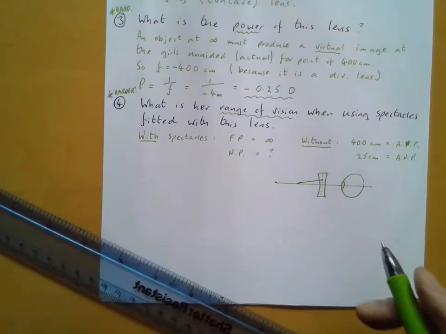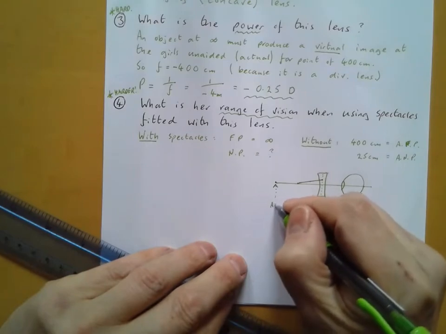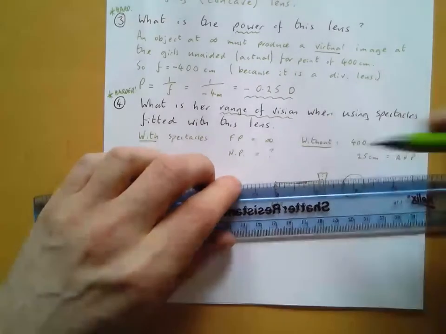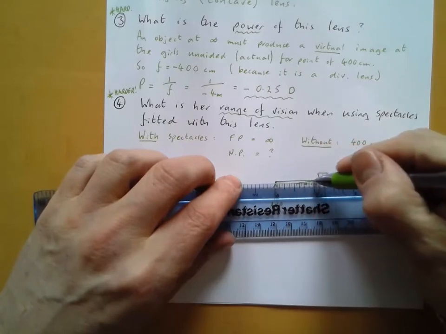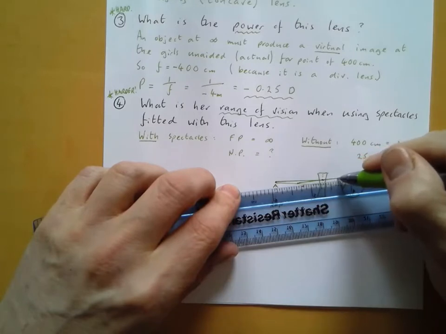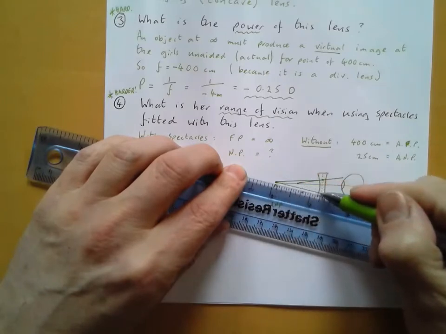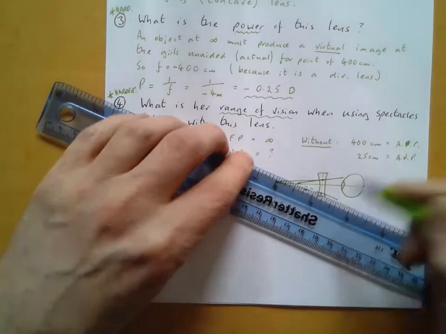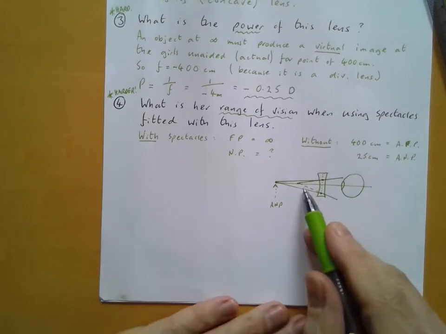Right, let me put it a bit further out. Here's her actual near point at 25 centimeters. Now, she would be able to focus rays from the actual near point. But with the lens in position, what the lens is going to do is it's going to diverge those rays a little bit. So rays coming from the actual near point get diverged a bit. So they appear to come from a bit closer.